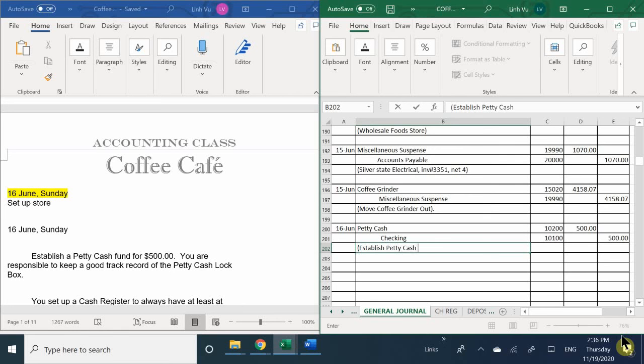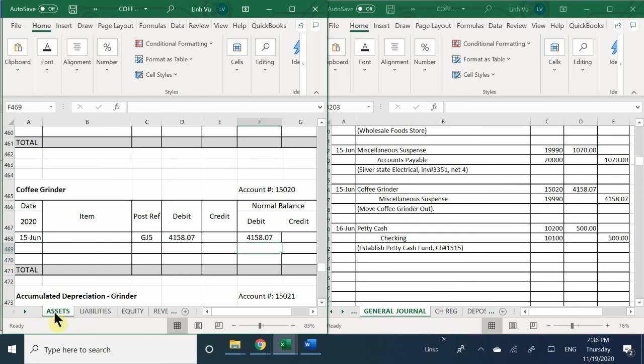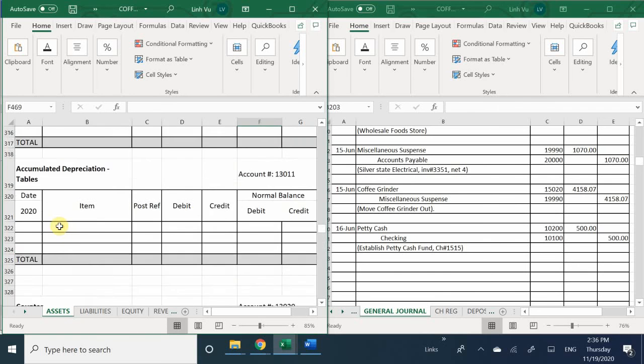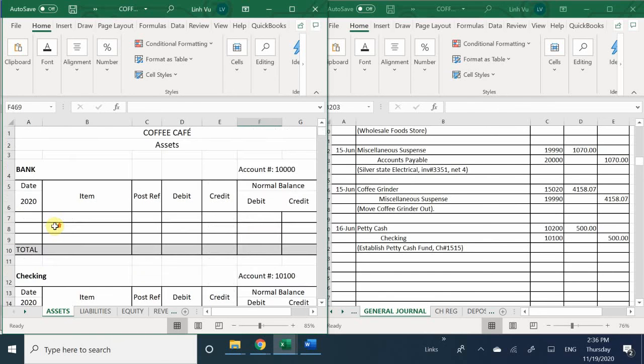Then we're going to go to the assets in the ledger and bring up the petty cash, which is the 10,200 account.